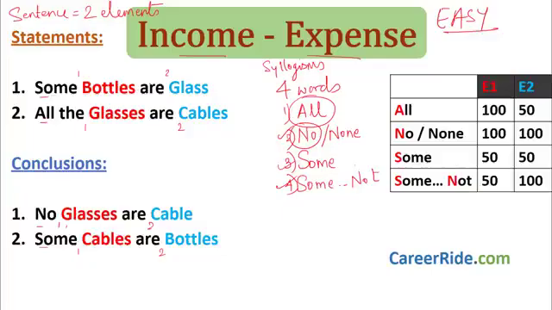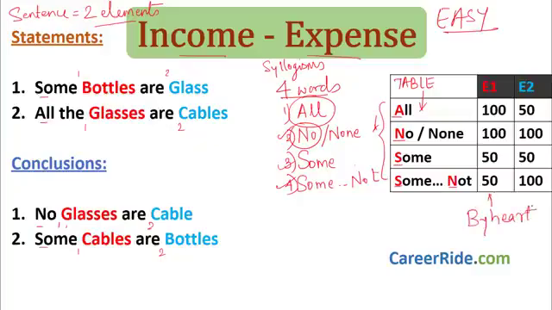Now we learned that there are 2 elements and there are 4 words. We have written the 4 words over here: all, no, some and some not. If you see carefully, they are arranged in alphabetical order. First A, then N, then S, then SN. Now in this table, whenever you are drawing this table, you should know this table by heart.